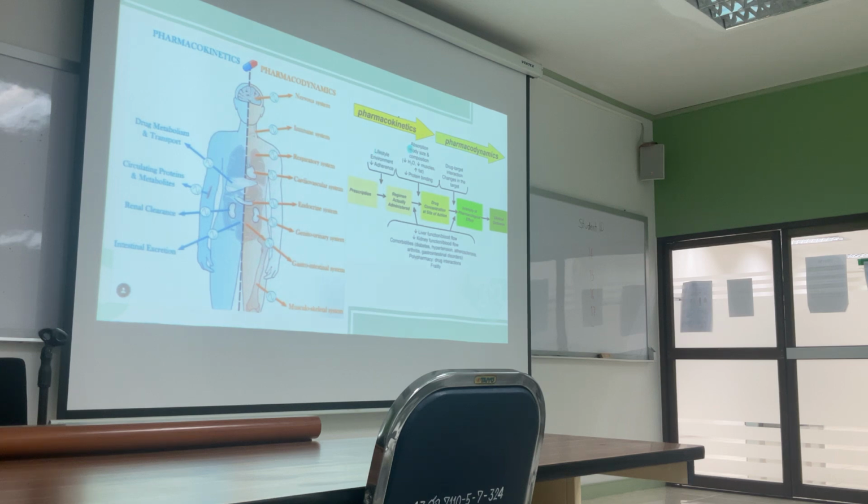So there is a very close connection between pharmacokinetics and pharmacodynamics. The first step, you need to have a great pharmacokinetic profile first, so that you have a sufficient amount of the medication in the blood, so that the medication can get to the site of action, so that you can see some change or some efficacy of the medication.